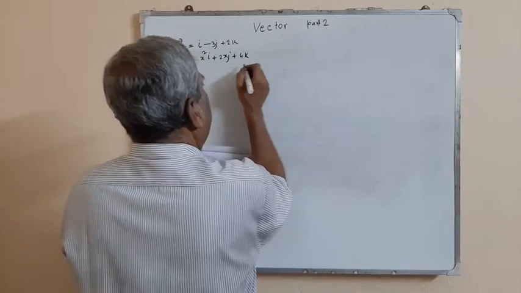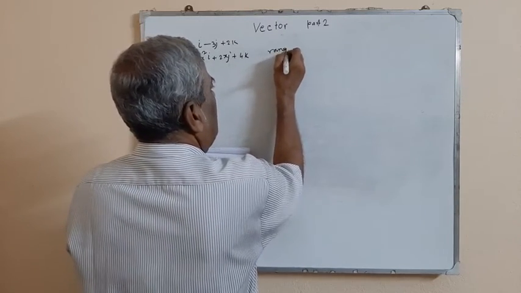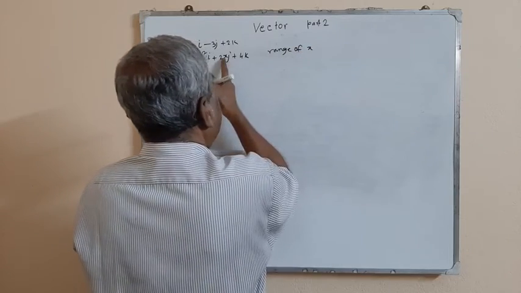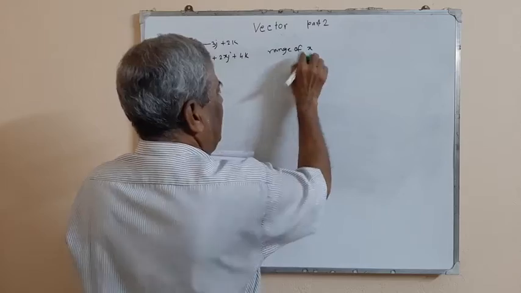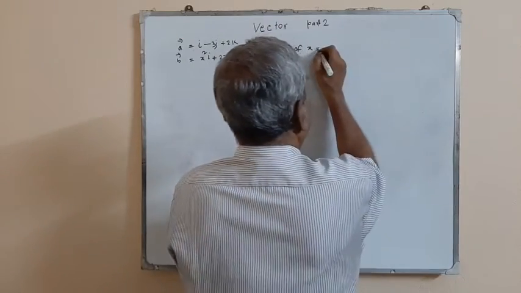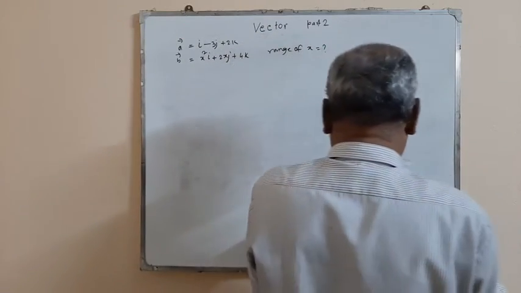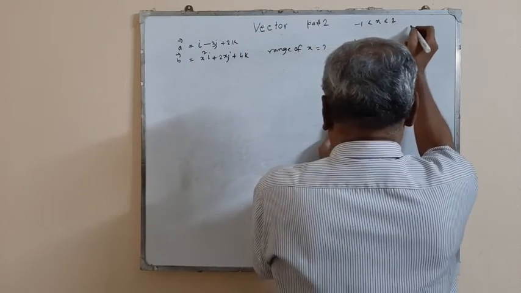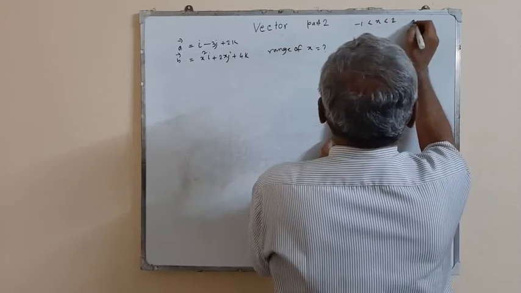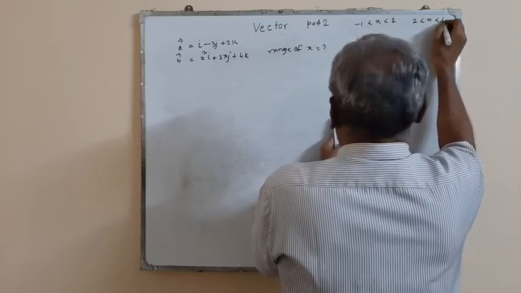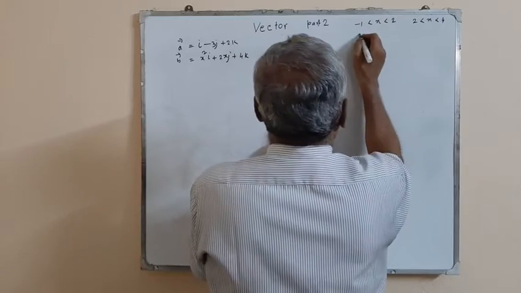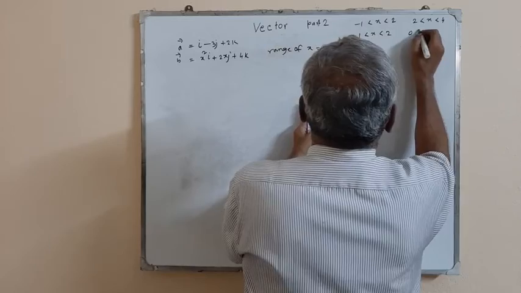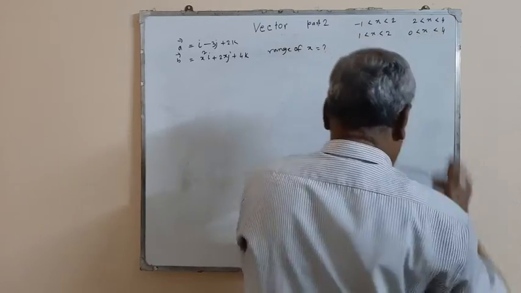Then the range of x, this scalar quantity x is unknown here, the range of x is what? So the options: minus 1 less than x less than 2, 2 less than x less than 4, 1 less than x less than 2, and 0 less than x less than 4.